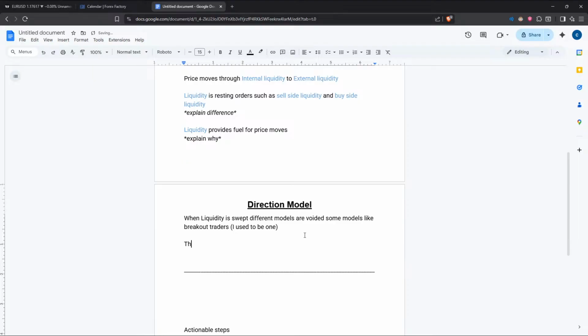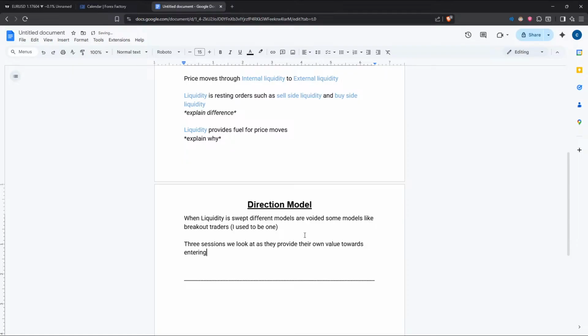So there are 3 key sessions we look at, as they each provide their own value towards our direction and entry models.